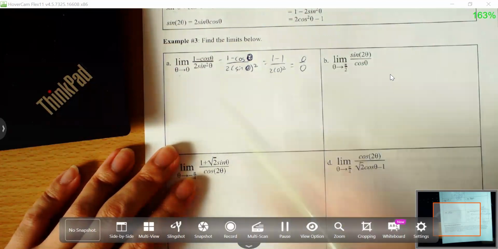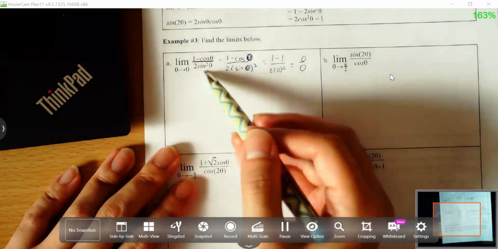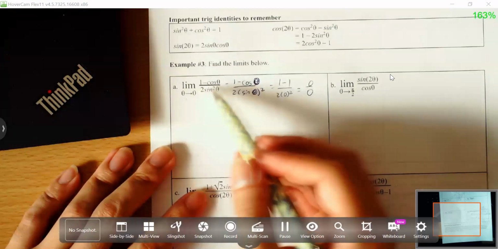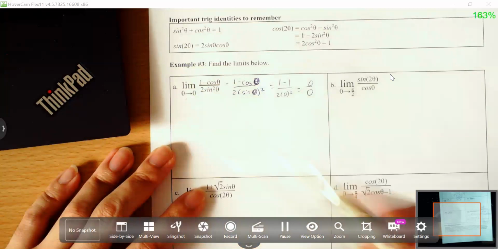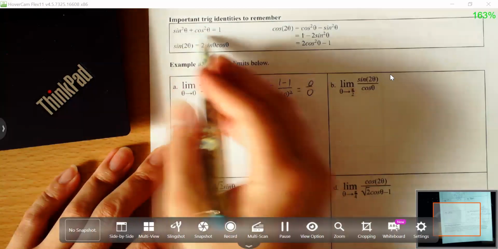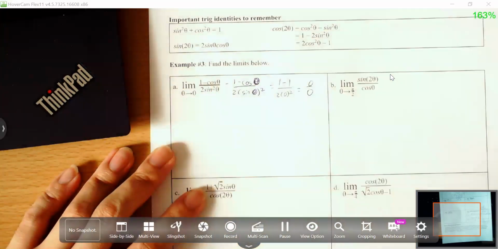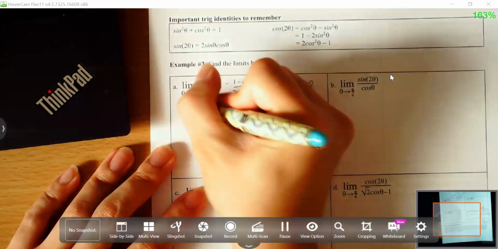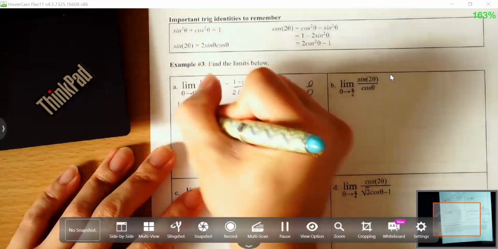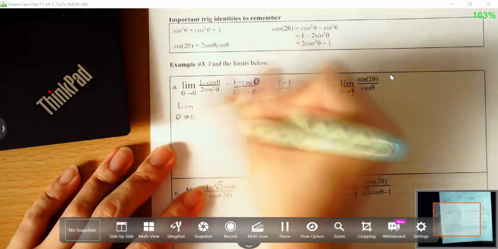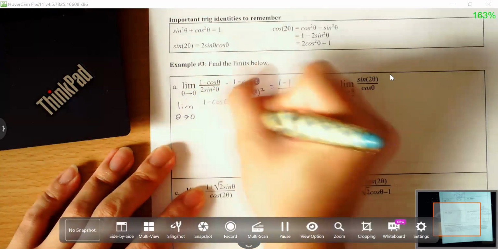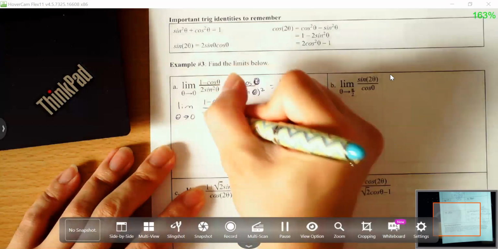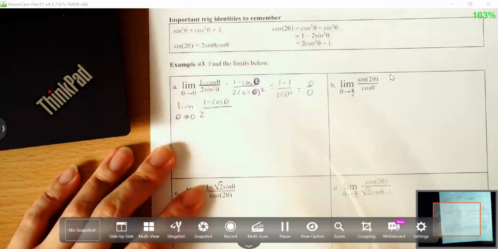Well, I have sine squared on the bottom, so what I'm going to do is use the Pythagorean theorem to solve for sine. So if I solve for sine, then sine squared is equal to 1 minus cosine squared theta. So this is the limit as theta approaches 0. Okay, so there's a 2 out there, so I'm going to leave the 2 out there.